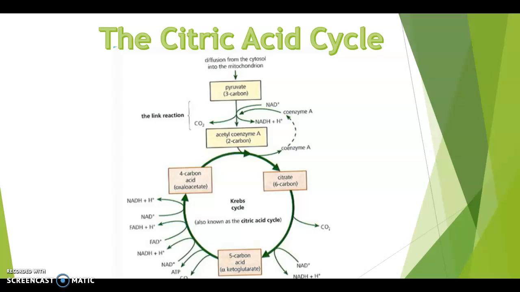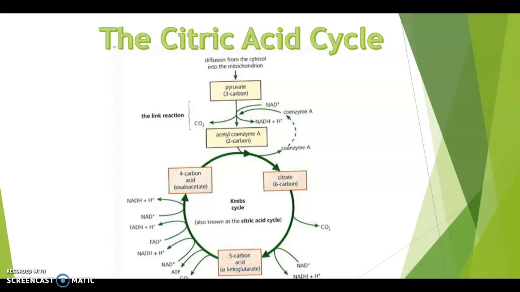C6 citrate is oxidatively decarboxylated. A C5 group is formed. The carbon is given off as CO2. NAD+ is reduced to NADH plus H+. The C5 fragment is oxidized and decarboxylated further to a C4 compound.